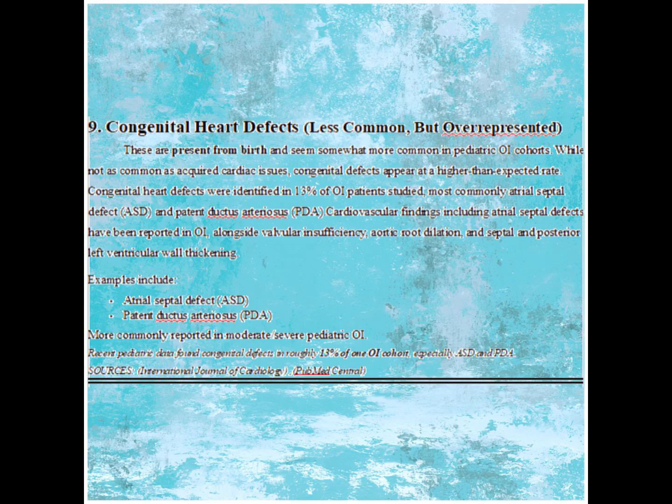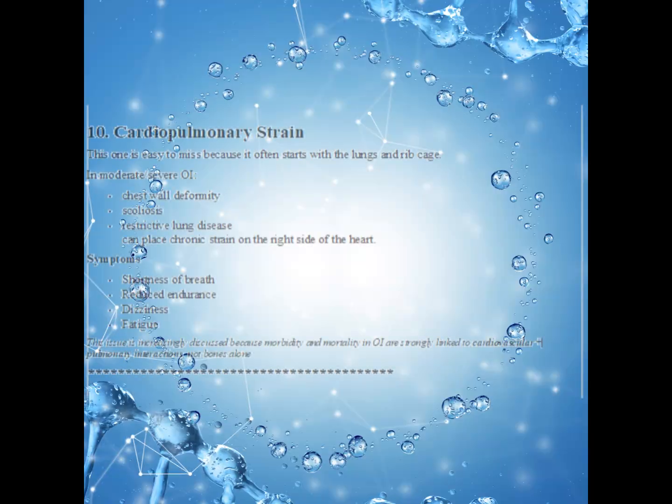These are most commonly reported in the moderate to severe pediatric OI patients. Recent pediatrics data found congenital defects in about 13% of one particular group of OI patients. Again, when you're looking at 1 in 10,000 to start with, and now more than 10% of those start off with some heart issues, you've got to watch that.